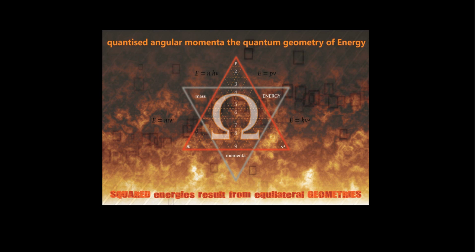And you find that within the equilateral triangle you don't only have squared numbers, but the central riser, the height of the equilateral triangle, are integer numbers. 1, 2, 3, 4, 5, 6, 7, 8, 9. This is just the start of the amazing math that comes out of this geometric arrangement of triangles.